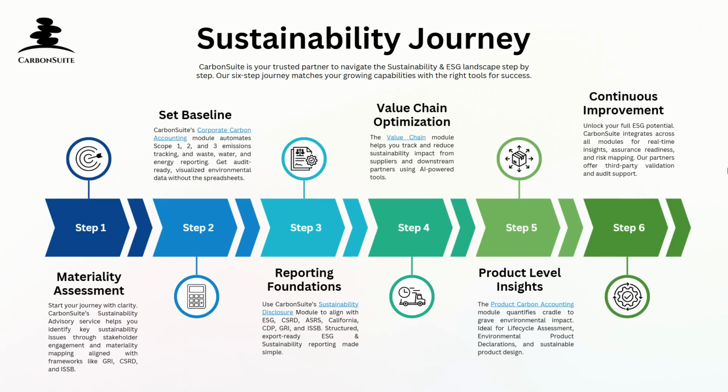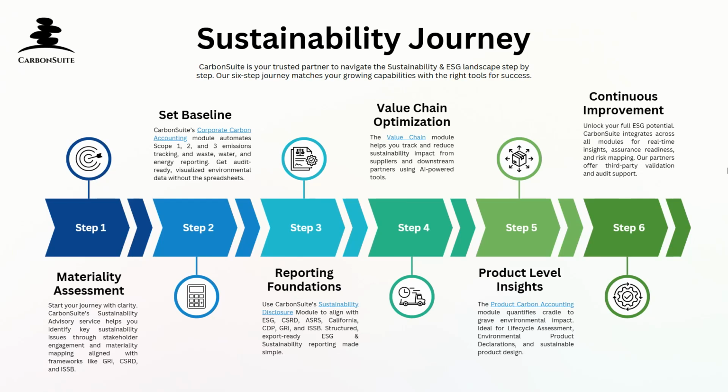From there, step 5 is going to be focusing on your product level insights. If you are a product-based company especially, you can use our product carbon accounting module to help understand the environmental impact of individual products and really use that information to drive sustainable design within your products and drive forward reporting for things like product footprints, environmental product declarations, product passports, these kind of things.